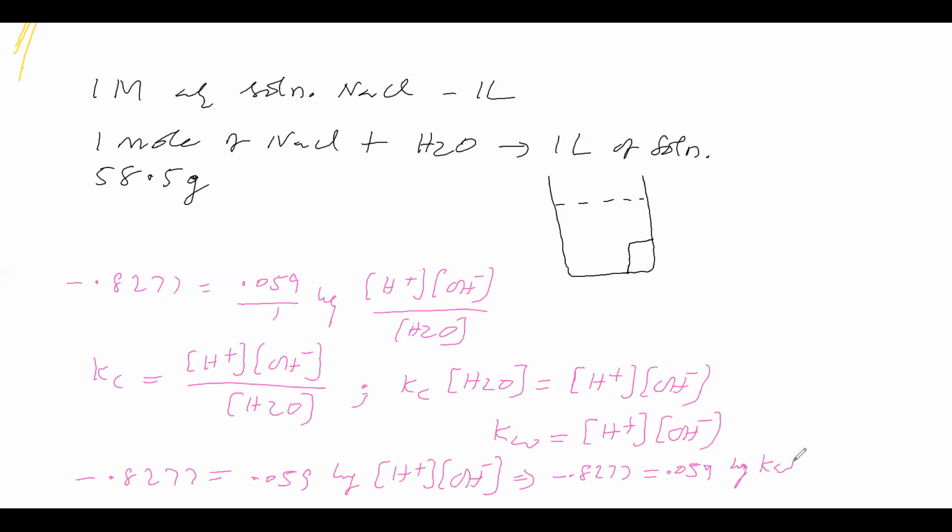By simplifying this, we get the Kw value, which is nearly 10 to the power of minus 14. So the answer for this question is: Kw is nearly 10 power minus 14.